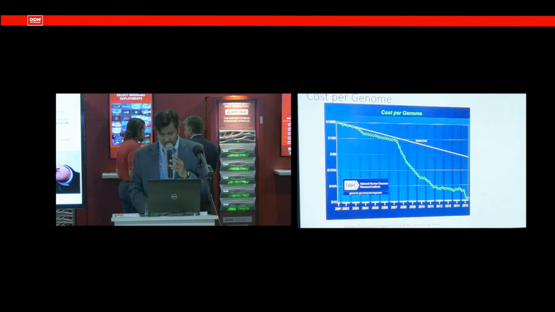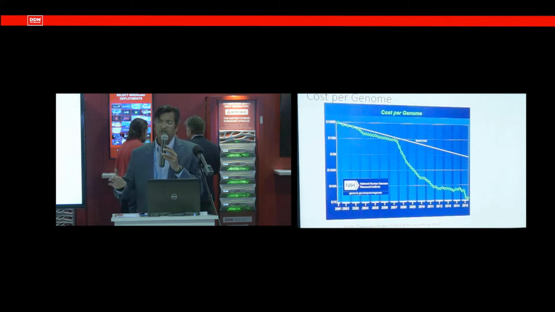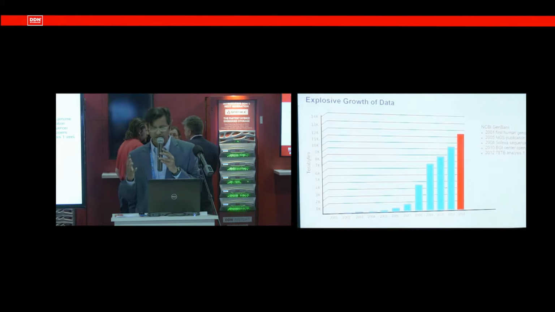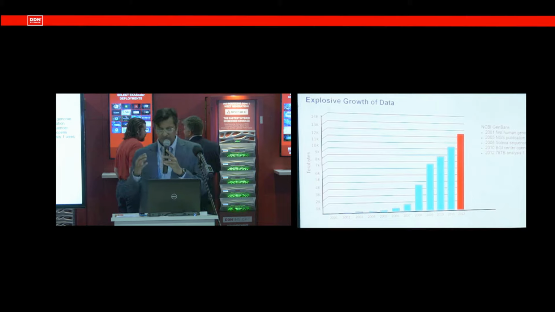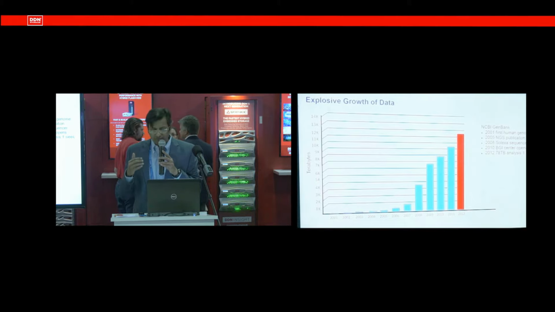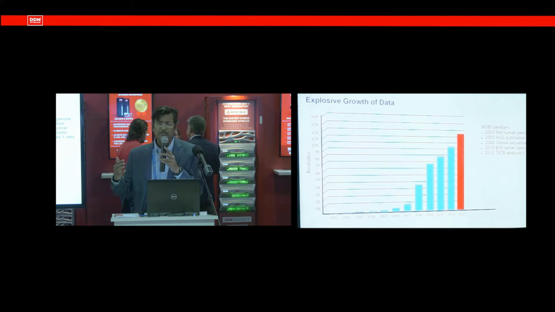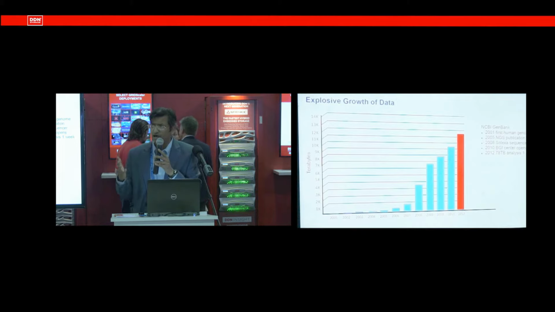Naturally, the cost per genome has dropped tremendously, but that has also caused an explosive growth of data. I'm showing, for example, the NCBI reference genomes and accession database, and how that has grown exponentially. As sequencing costs have dropped, many more things are being sequenced.